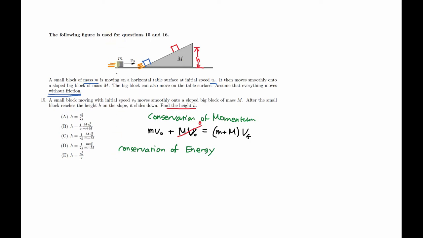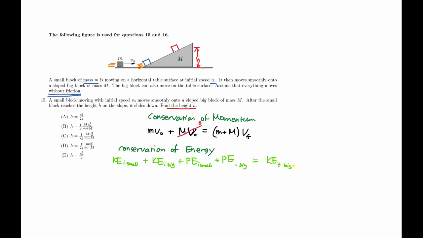You have kinetic energy of the small, kinetic energy of the big, potential energy of the small, and potential energy of the big, equal to the kinetic energy of both big and small.